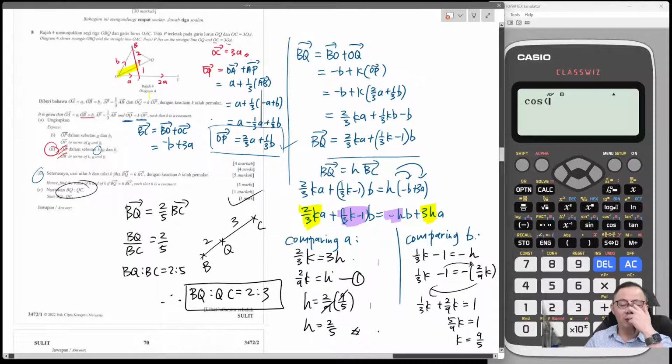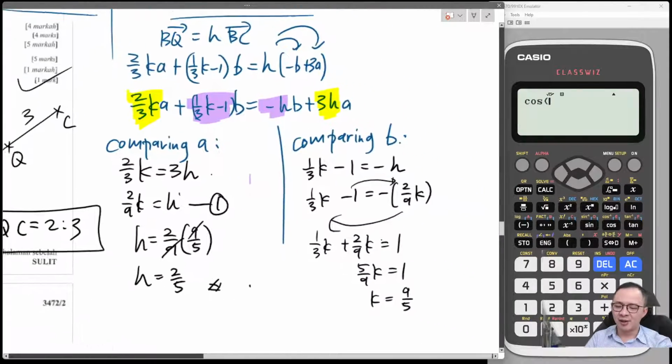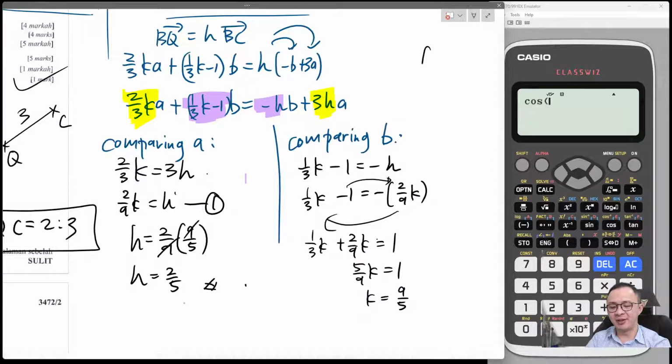Okay, if there's no problem. If the vector comparison can be changed to the matrix form, or the matrix form only for i and j's graph? Yeah, normally we will do in the column vector, right? I believe you are talking about this column vector, right? It's literally for the i and j, normally for i and j. But I believe you can.